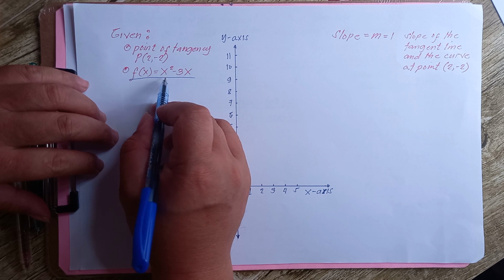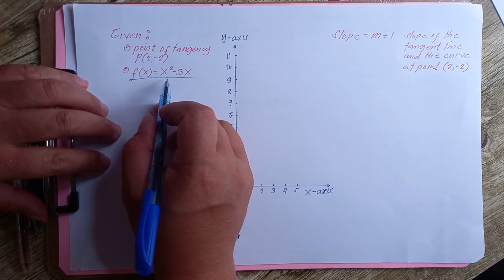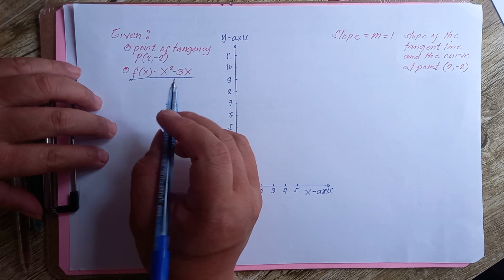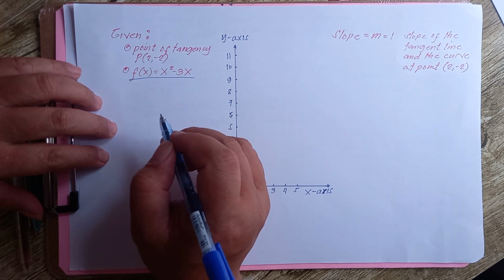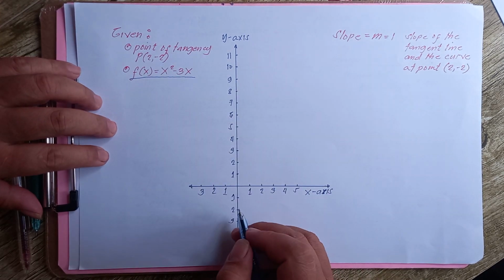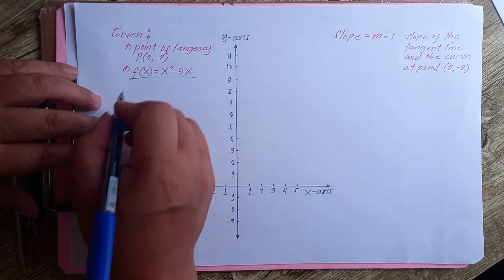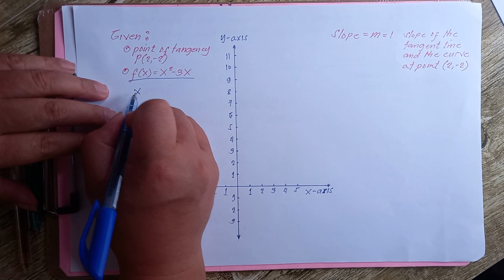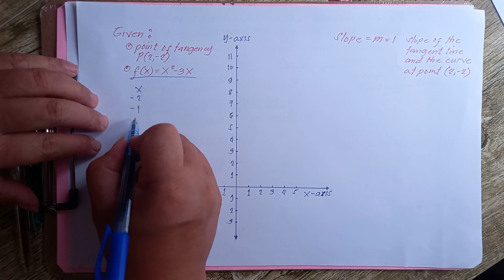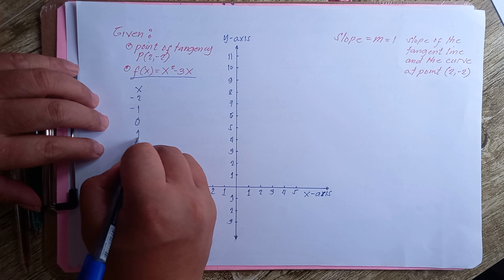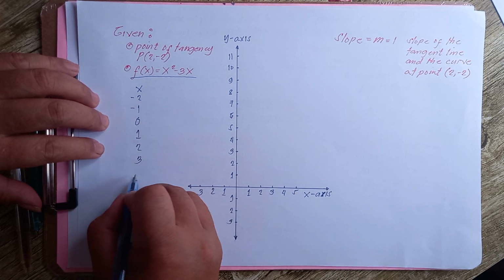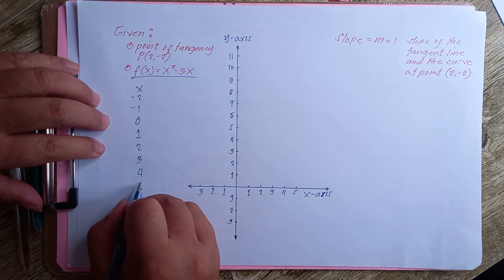Now it is without restriction, meaning we can consider the values of x to be all real numbers. So may I make use of some of the calibration of my Cartesian plane? I will start with my x using -2, -1, 0, 1, 2, 3, 4, and shall we say 5.